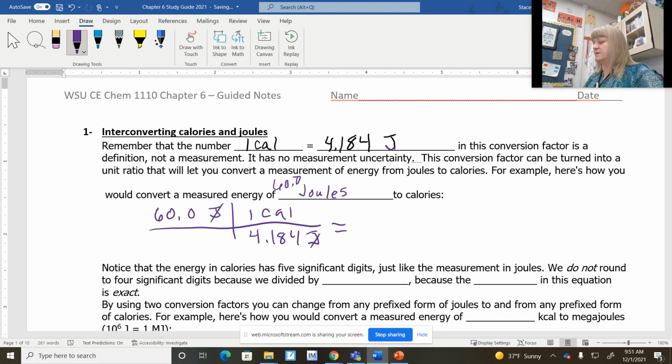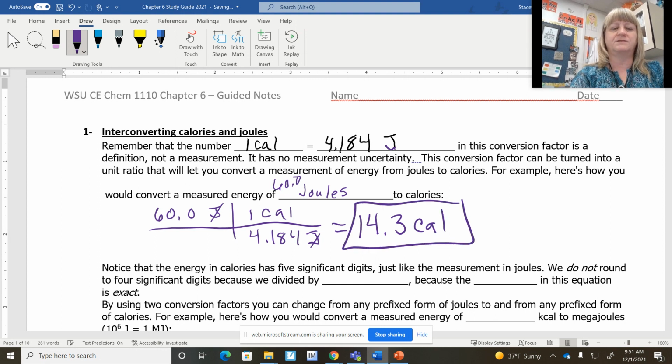I would take my calculator and say 60 times 1, which I don't really have to do, and then divide it by 4.184. I have 3 significant figures here, so I report 3 and end up with 14.3 calories. That would be my answer.